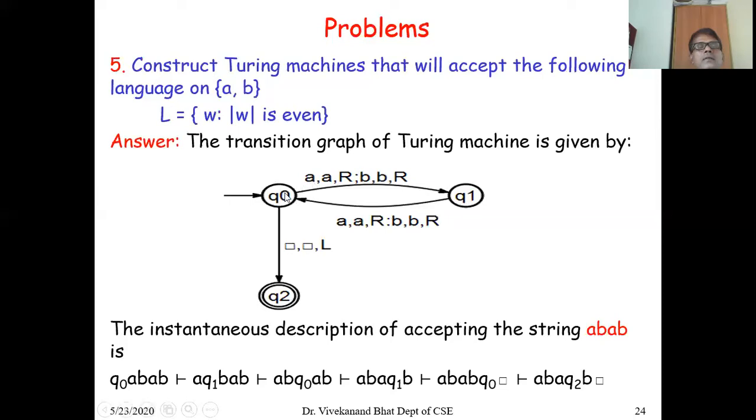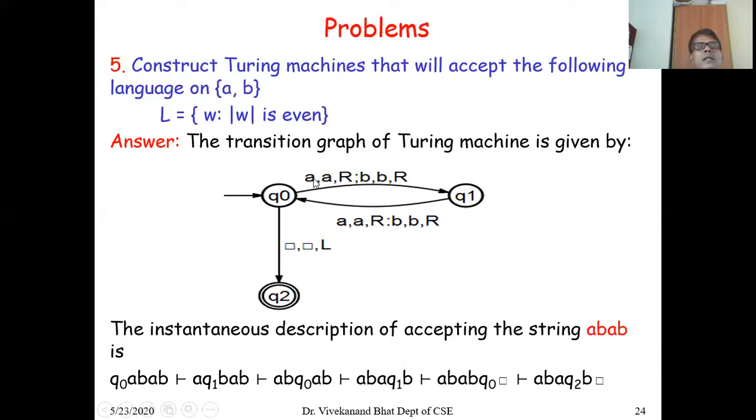In Q0, we read A, replace A by A, and move right. Similarly, the string can start with A or B, because all the strings in this alphabet can start with A or B, but the length of the string should be even.